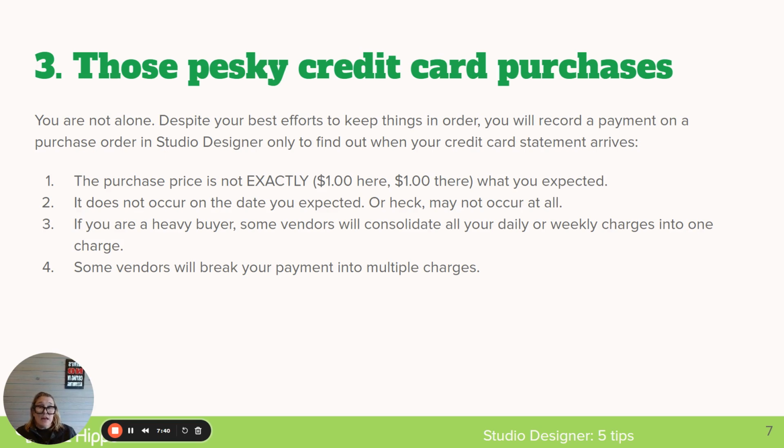The opposite of that is some vendors will break your payment into multiple charges. You may place an order this morning, the vendor runs a 50% deposit, then tomorrow when they ship the product, they run the second 50%. And you, not realizing that they split it into two, would have entered one payment against that vendor order.